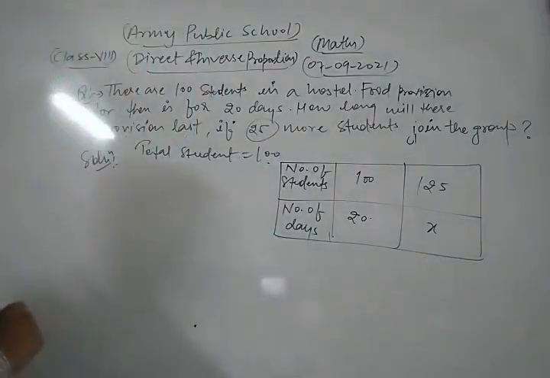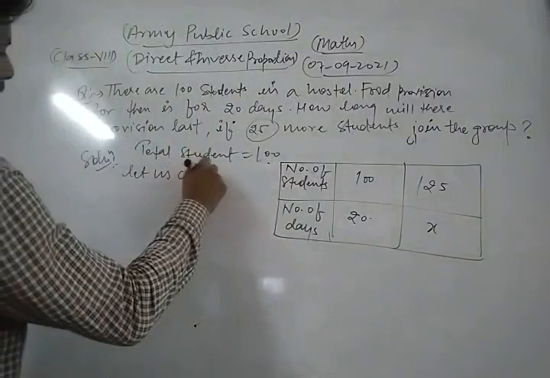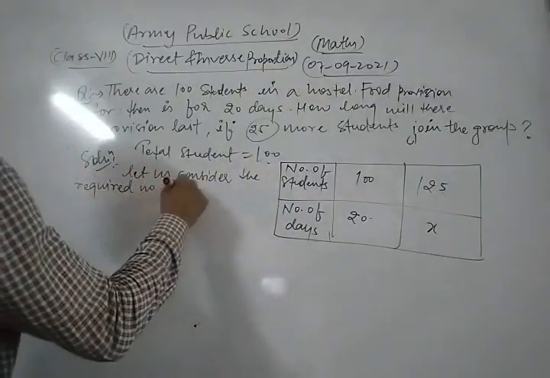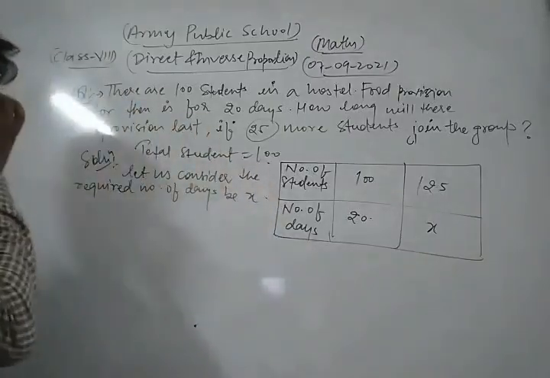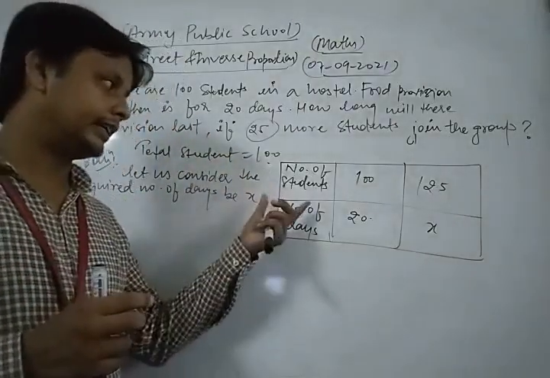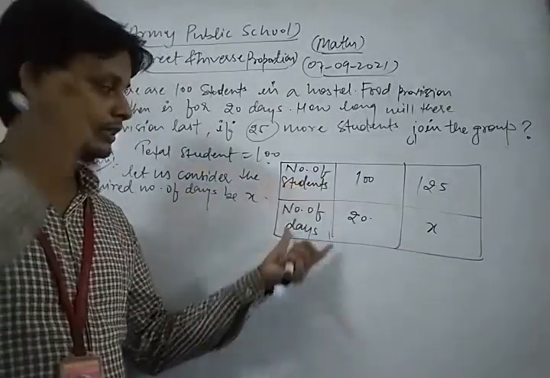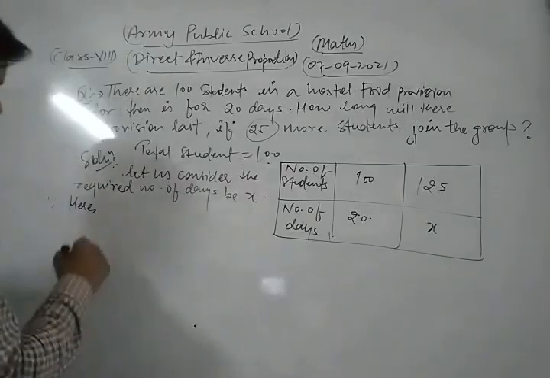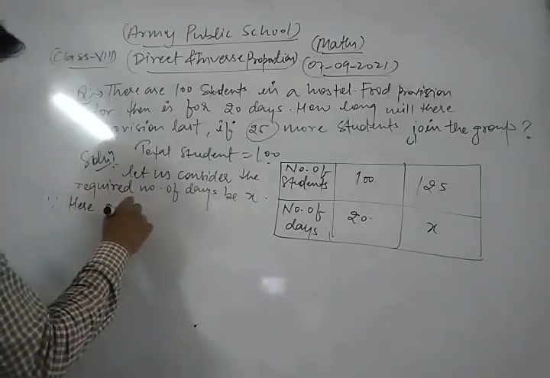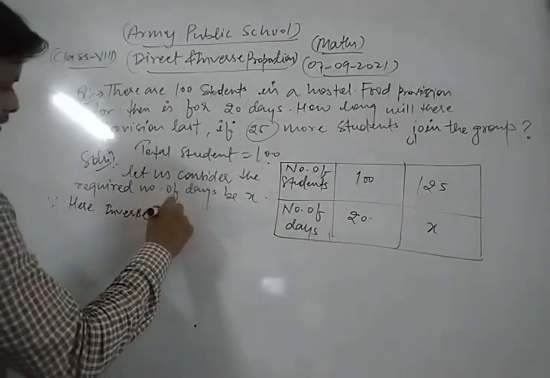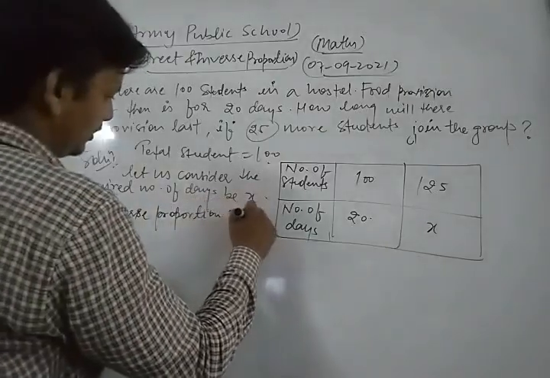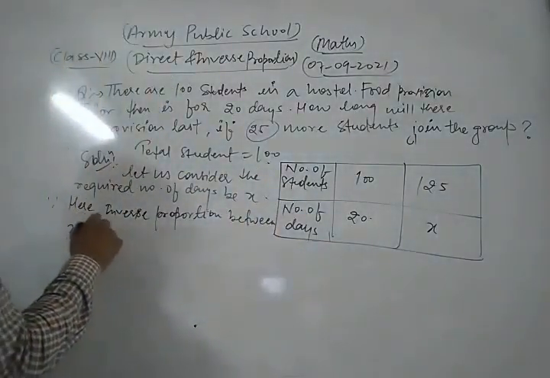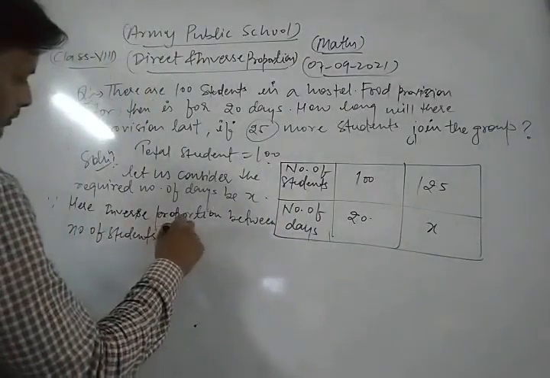Let us consider the required number of days to be x. Now, there is an inverse proportion between the number of students and the number of days.